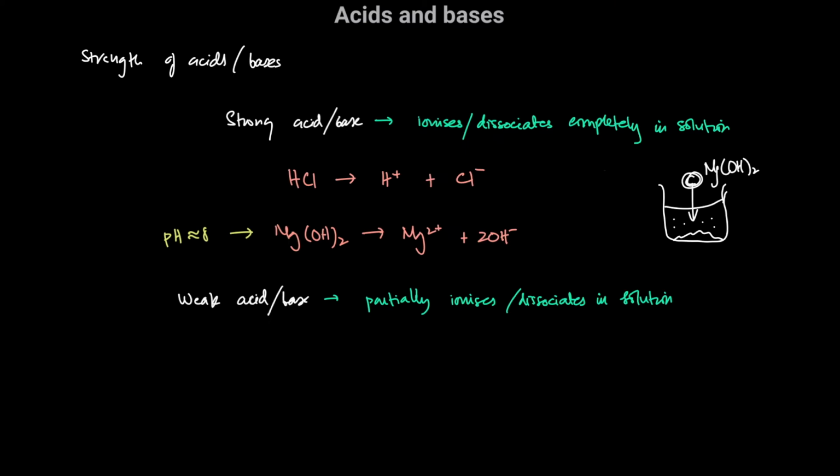So an example of a weak acid would be ethanoic acid, and we'll just look at the simplified form of this equation. Now ethanoic acid is a classic example of a weak acid that's very soluble in water.